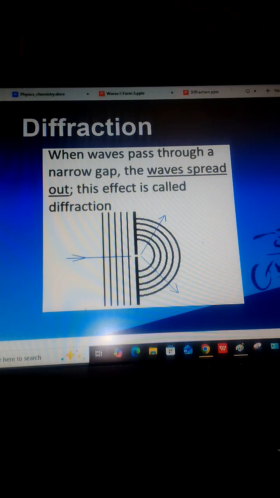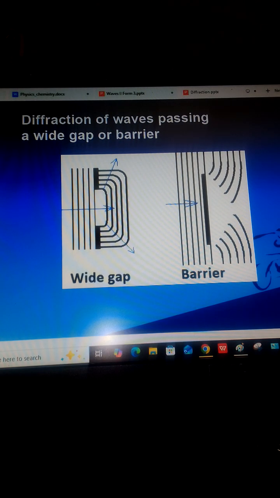And we shall see that diffraction is more pronounced when the gap width is similar to the wavelength of the waves. Okay, let's proceed and see. We have this case where we have a wide gap and a barrier.